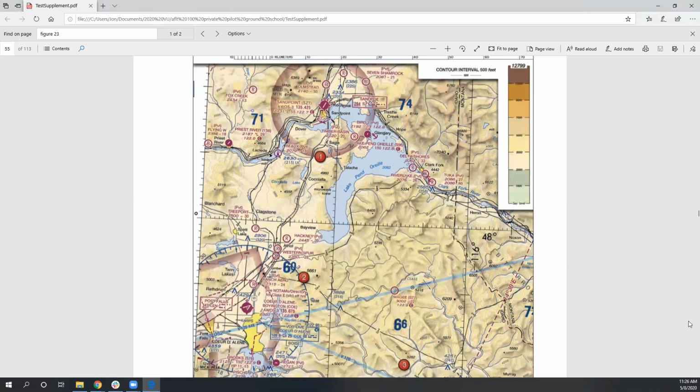Okay. So what I would do if I was tackling this problem is line up a piece of paper, just a scratch piece of paper, and line up a corner of my scratch paper with my top airport, which is called Priest River. So I line up the top corner of my scratch paper with Priest River Airport.